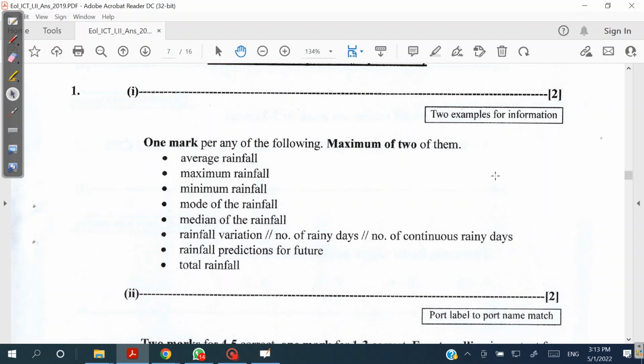Don't provide more than two factors. Sometimes they will reduce marks, because they may not consider what you have written, because you have written something beyond the number of statements that they are asking you to write. So any two of these, what you can see on the screen, will give you 2 marks. So if you got any alternative answers, just let me know as well, right? So I'll consider how it happens.